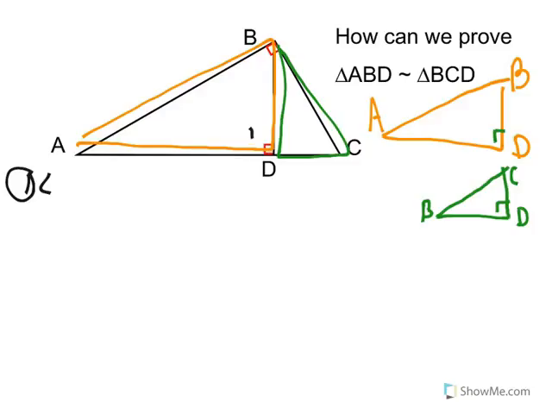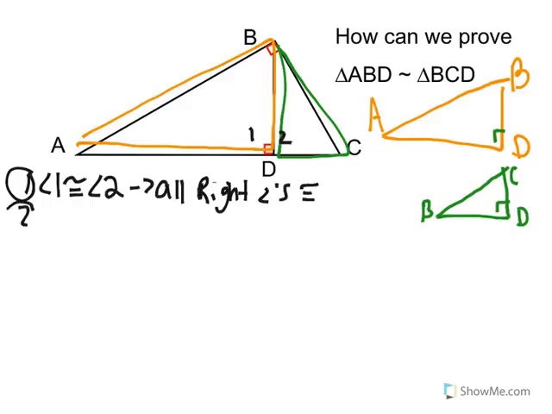I'm going to put some numbers there. Call this angle 1 and angle 2. Angle 1 is congruent to angle 2, because all right angles are congruent. But that's all we really have so far.